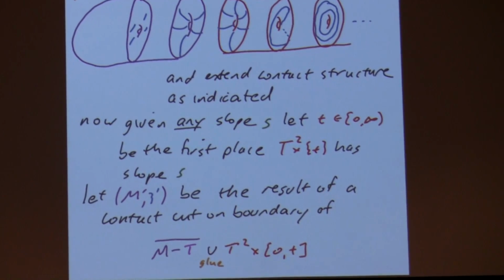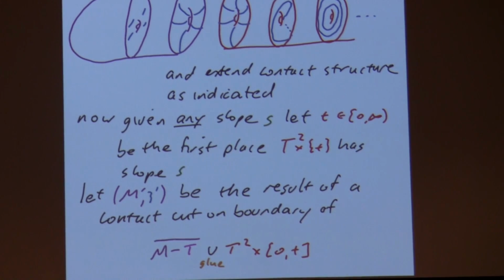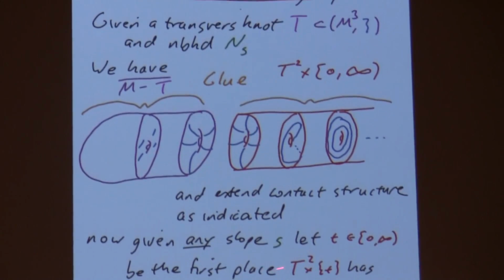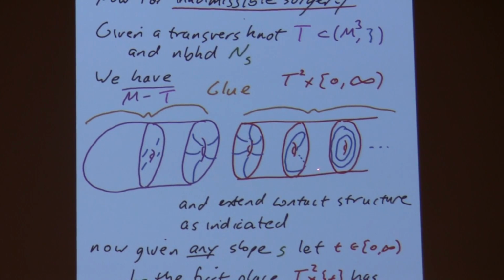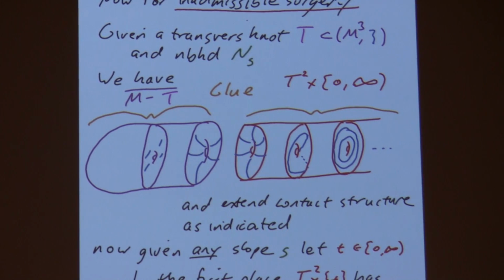I guess you shouldn't have capitalization make a difference when you're speaking. So there's a little t such that big T cross little t has slope S on it. And I'm going to pick that little t such that it's the first time I come across that slope. It happens infinitely often, but I'm just going to pick the first time.